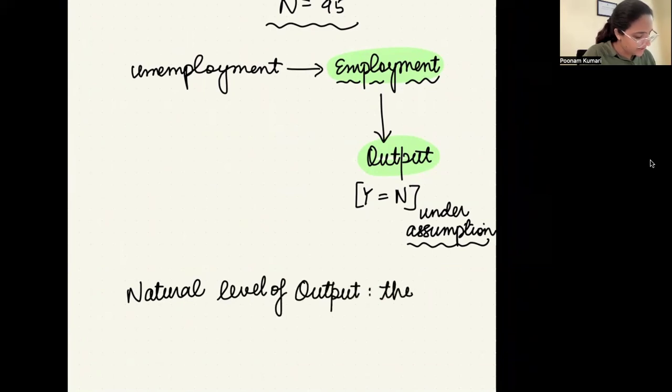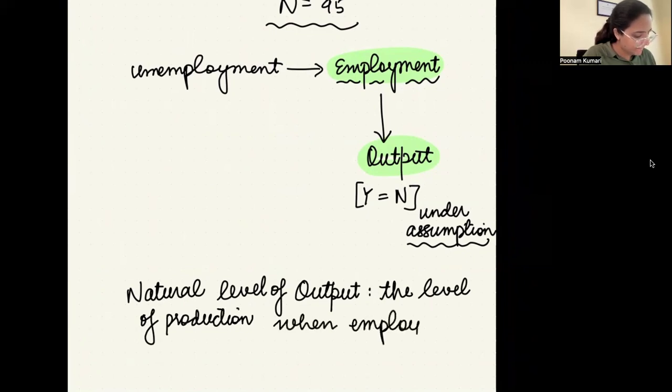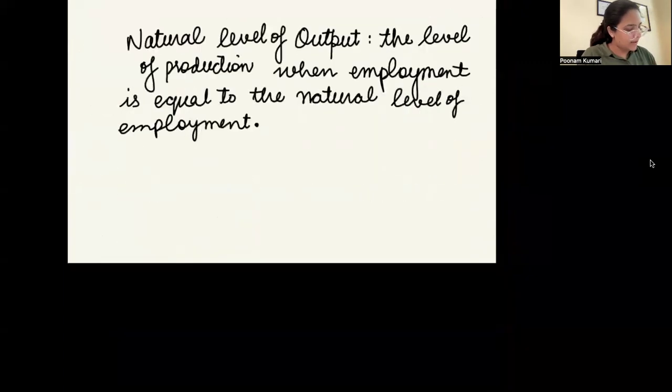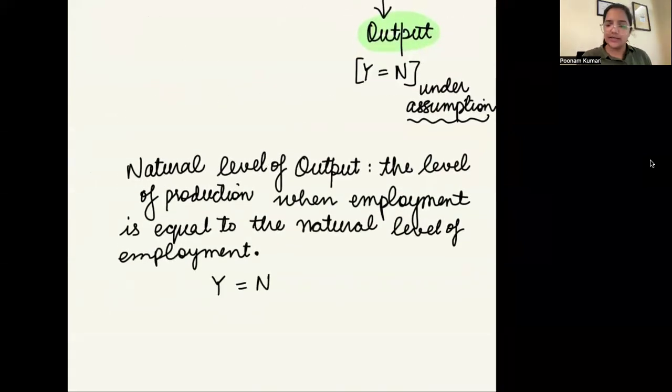So it is the level of production when employment is equal to the natural level of employment, right? है ना? और अगर मैं Y is equal to N consider करूं, तो then this natural level of output is nothing but natural level of employment, which will be nothing but 1 minus UN, which is natural rate of unemployment, times my labor force. है कि नहीं? Yes, ma'am. ये पूरी इक्वेशन समझ में आ गई?